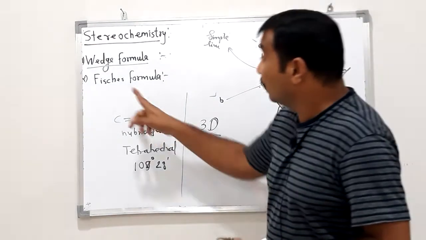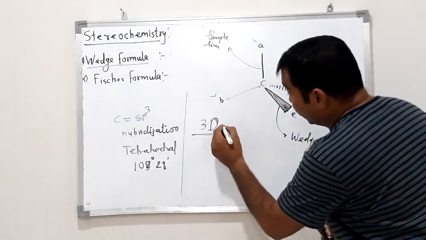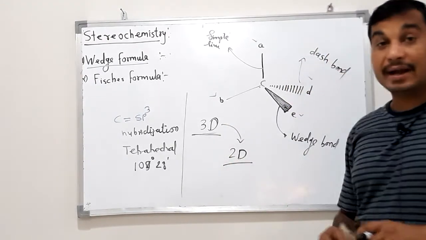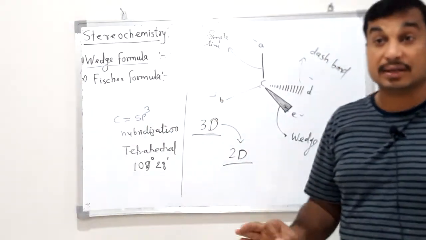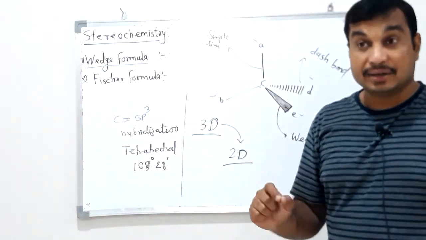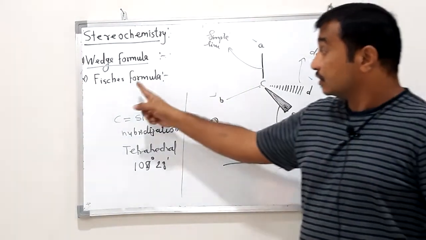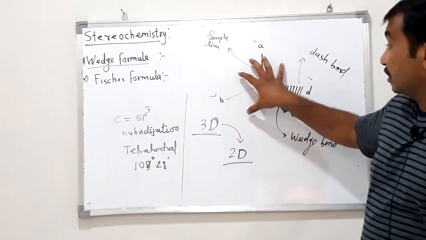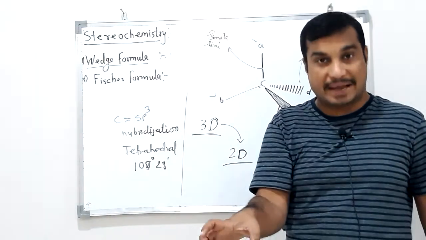Then we need to convert this three-dimensional structure into a two-dimensional structure, 2D, and this is done by the Fischer projection formula. What is the Fischer projection formula? This is one of the methods to draw a three-dimensional structure in two dimensions, in a planar manner.